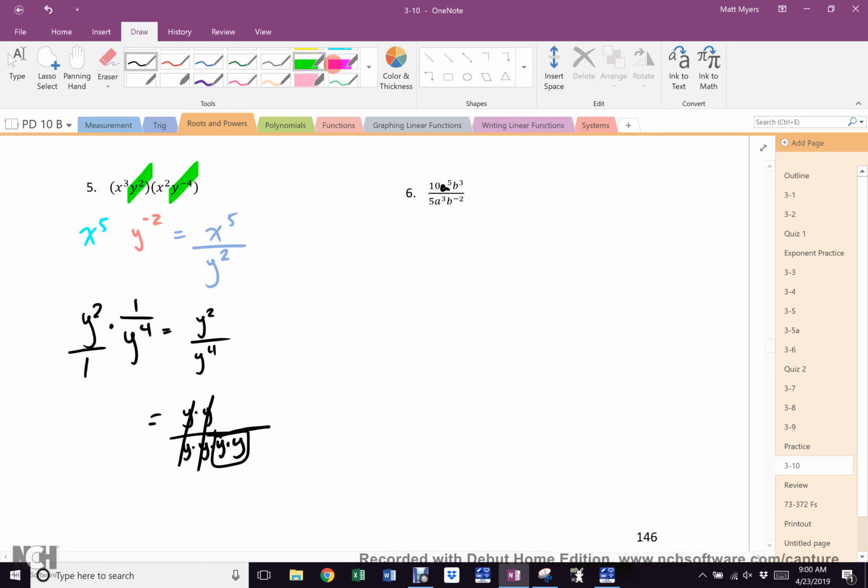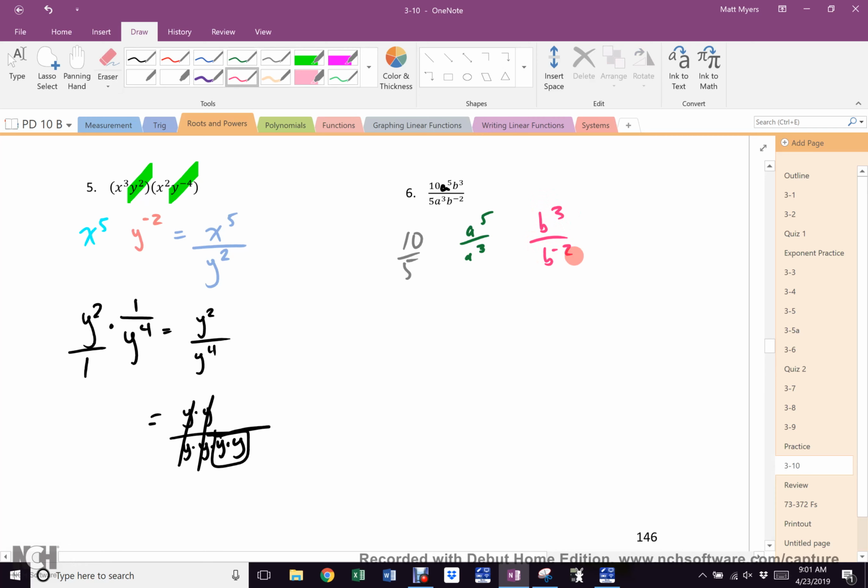So, to remind us, what do I do with the 10 and the 5? What is this really? It's 10 over 5. Then what? Over a to the 3. And then what? B to the 3 over b to the negative 2.